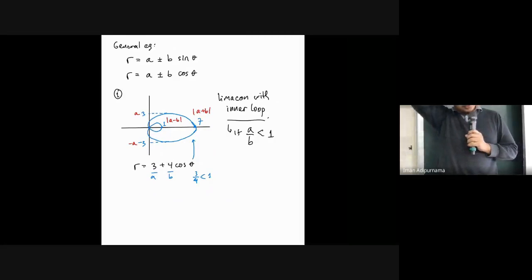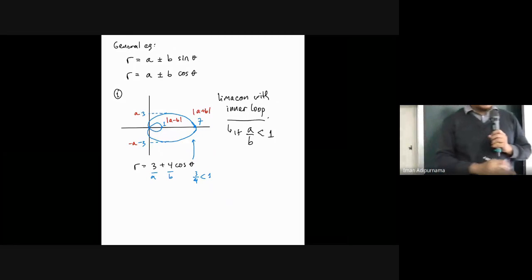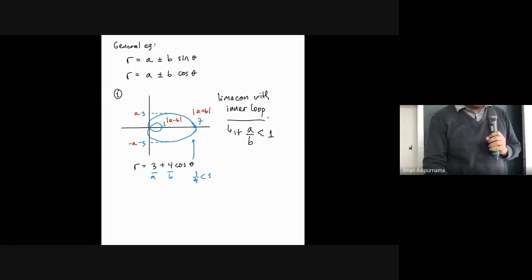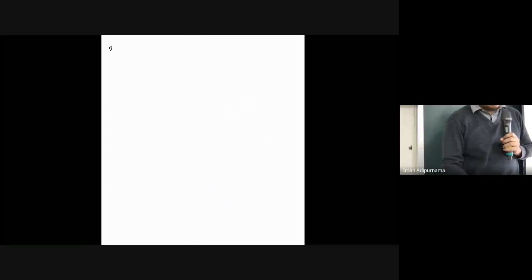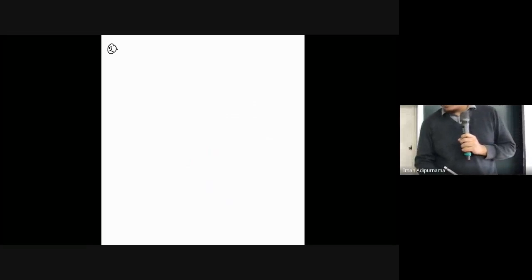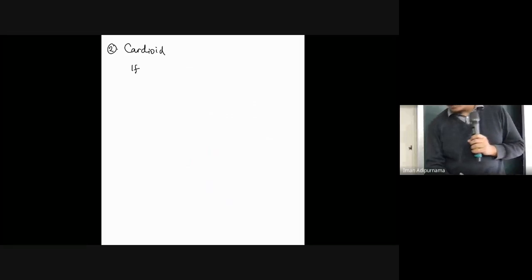Let me draw several limasons, the other limasons, and then we can try some examples. So the second one we call the cardioid. This is if A is B, so it's the same limason.